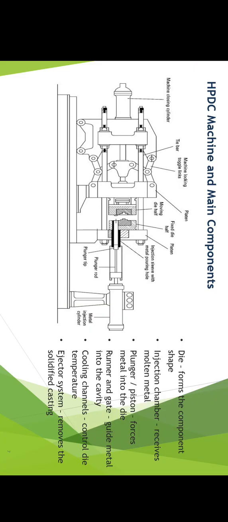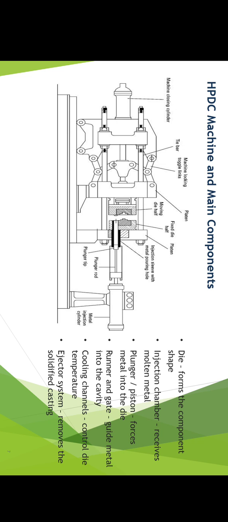The main components of HPDC include die, injection chamber, plunger, runner and gate, cooling channels, and ejection system. Die forms the cavity of the required shape. The injection chamber receives the molten metal and carries it in a steady manner. Plunger forces the molten metal into the die cavity with high pressure and high velocity.